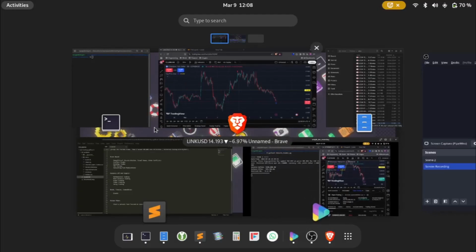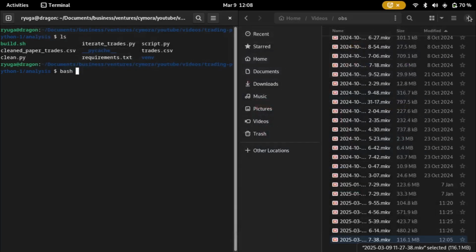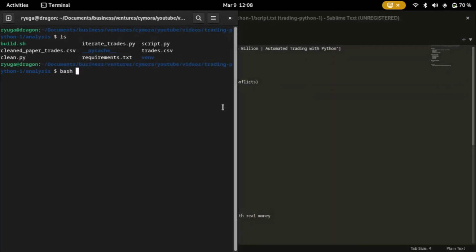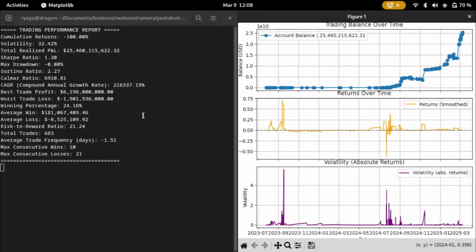I forgot to go over a second script that basically plots the performance of the portfolio. So let me just do that very quickly before I edit the video. So this basically goes over the script and plots its performance.